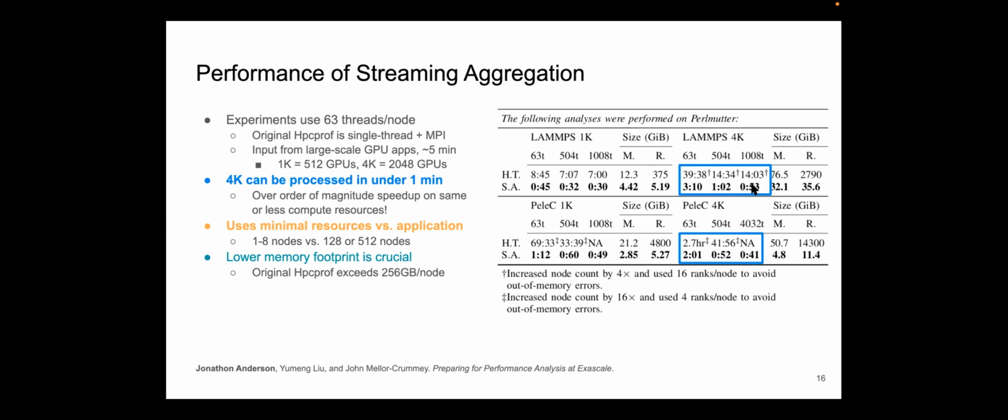And so in addition to using this highly multi-threaded analysis, the other thing that's important is that we are switching from a dense representation of metrics to a sparse representation of metrics. For the original HPCToolkit, there was 2.7 terabytes of data because we were trying to compute GPU metrics for all of the CPU contexts, and all of the metrics were 0.